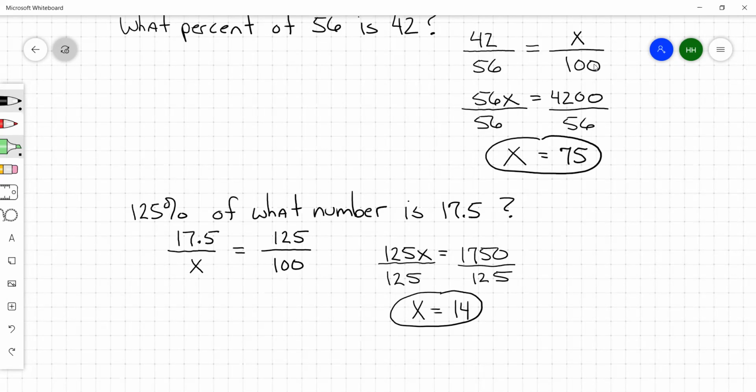That means 125% of 14 is 17.5. Of course, any more than 100% of something has to be a bigger number, so it makes sense.